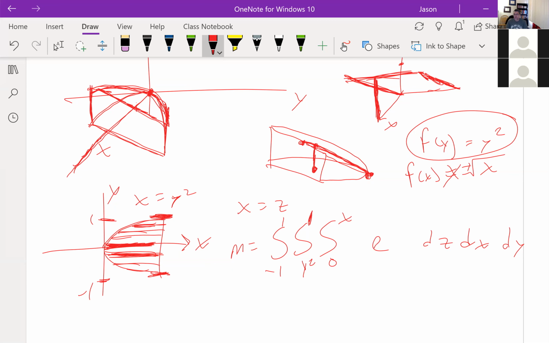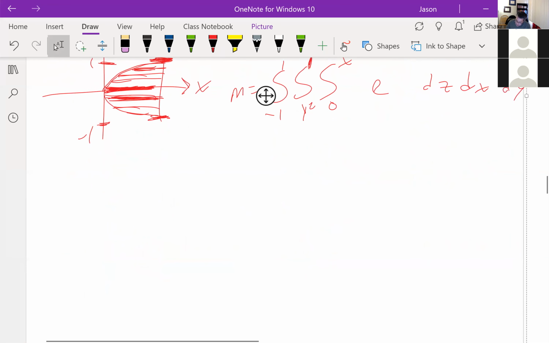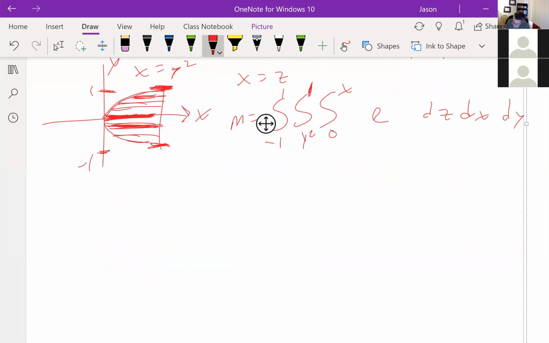Okay, so we're going to do our 4 triple integrals. Let's just do this one first. This one's going to be rho z from 0 to x, so that's going to be rho x. Then with respect to x, this is going to be rho x squared over 2, evaluated from y squared to 1.